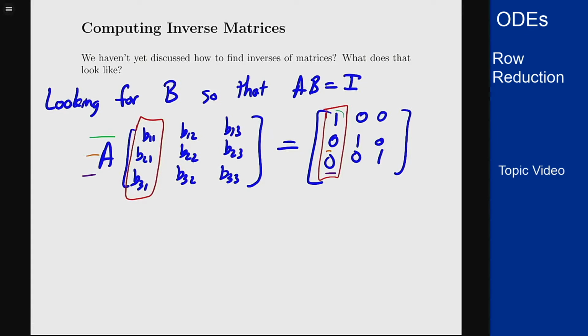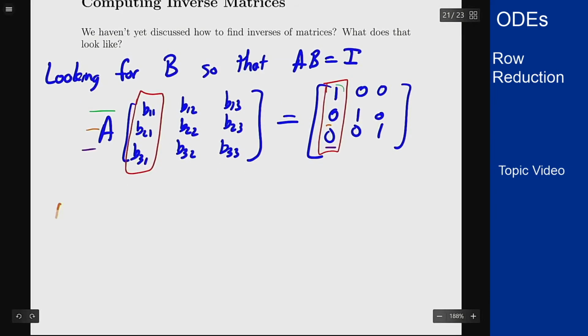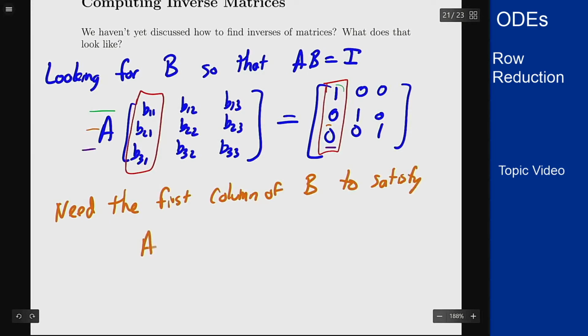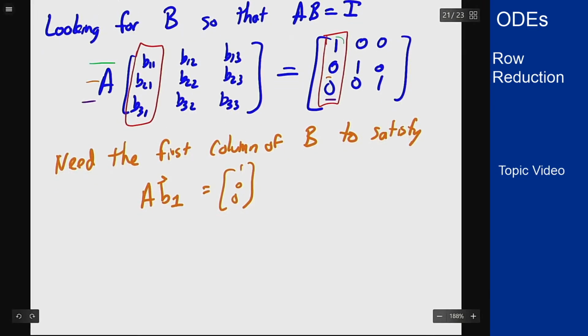So if I want A times B in terms of matrices to equal the identity, then I need the first column of B to satisfy A times that vector equals 1, 0, 0. And the same argument will say that the second column should satisfy A times that vector equals 0, 1, 0.